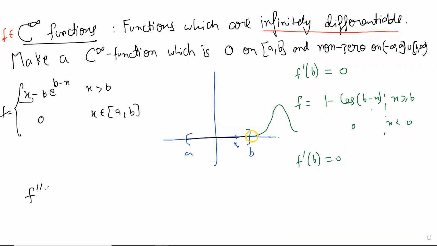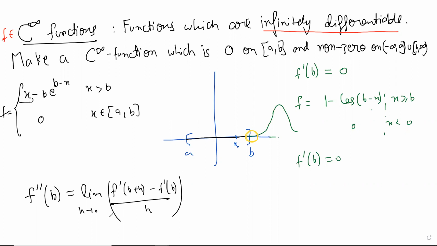So the second derivative at b: you take the first derivative at b plus h. And this is the problem, because the first derivative at b is 0. So it is like one of those sine 1 by x functions, continuous but not continuously differentiable. It is a bit like that. Okay.